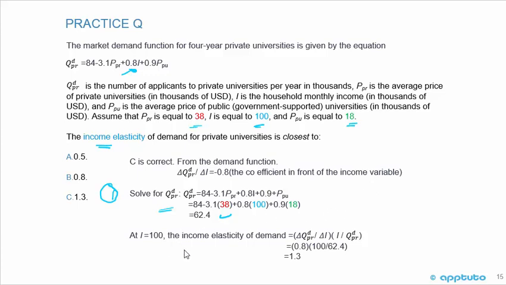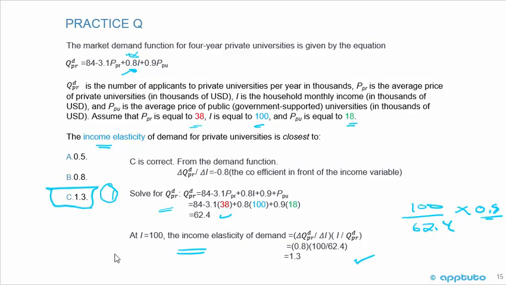Then, because it's asking for the income elasticity of demand, we look up here at the factor for income, which is 0.8 times I. So you take the 100, which is given to you, divided by the 62.4 that you calculated, and multiply by the 0.8, which is the sensitivity to the factor. You get 1.3, so the correct answer is C.